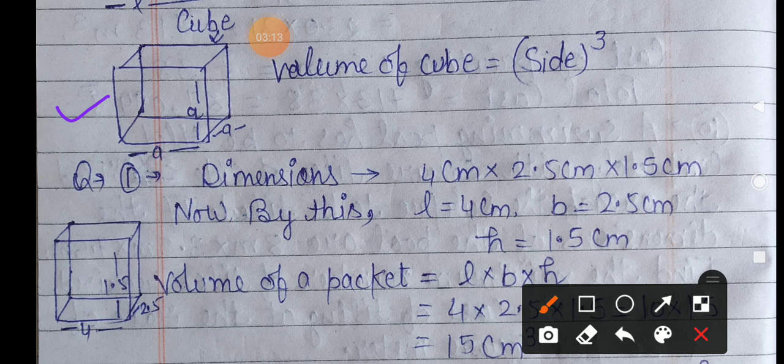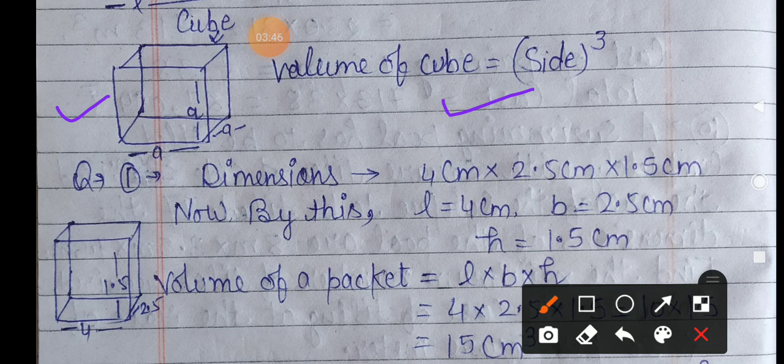What is the meaning of a cube? A cube is a shape approximately the same as the cuboid, but in this shape the length, breadth and height are equal, so all sides are equal in the cube. When you have to find the volume of a cube, you use this formula: the volume of a cube is side cubed. That means side into side into side. You have to multiply the side three times, and then you get the volume of a cube.